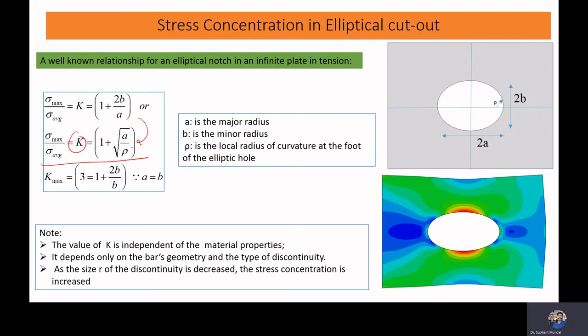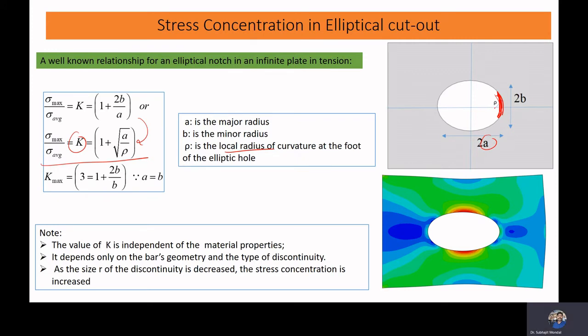Here A is half of the major axis, and rho is basically the local radius of curvature at the foot of the elliptical hole. So this is basically your rho.